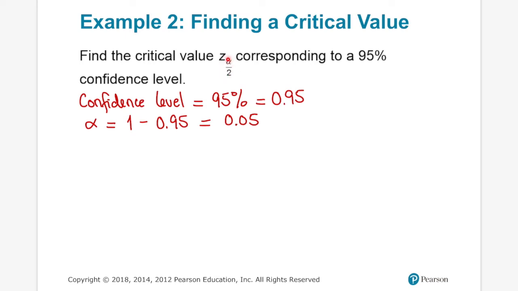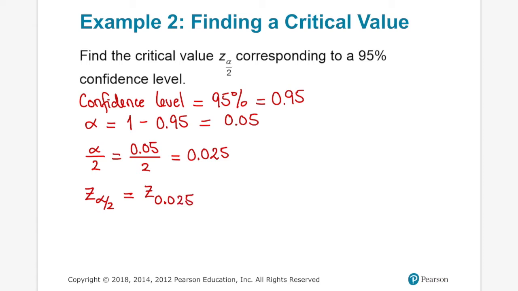I want to find alpha half. Alpha half is just alpha divided by 2. Alpha half is 0.05 divided by 2, which is 0.025. And I want to find z of alpha half, which is z of 0.025.